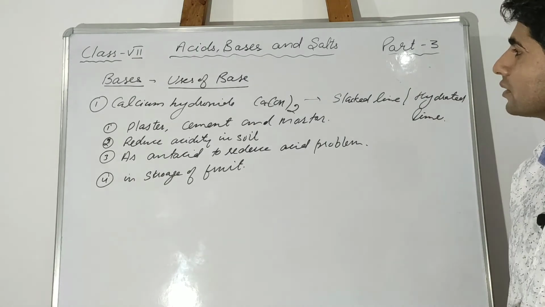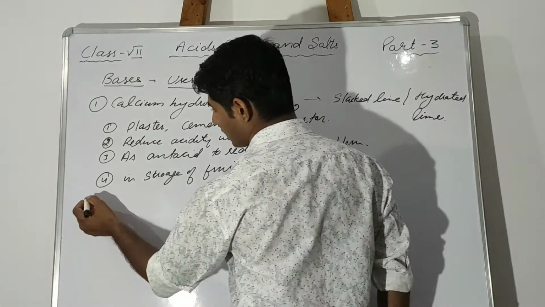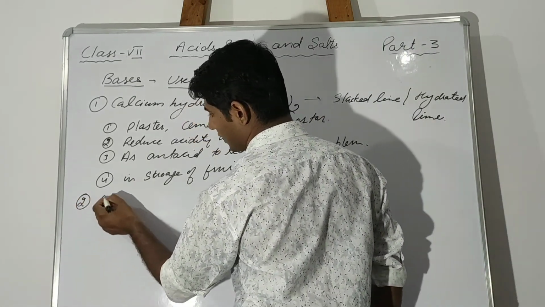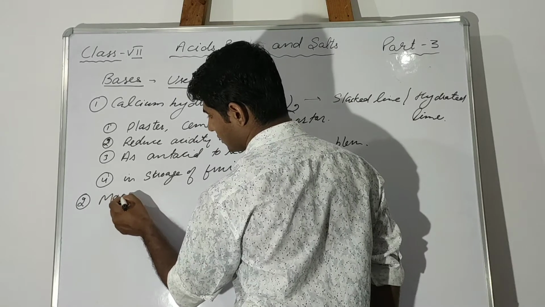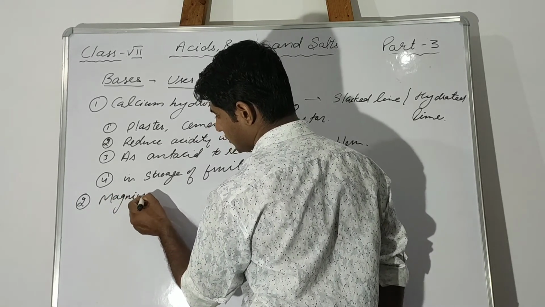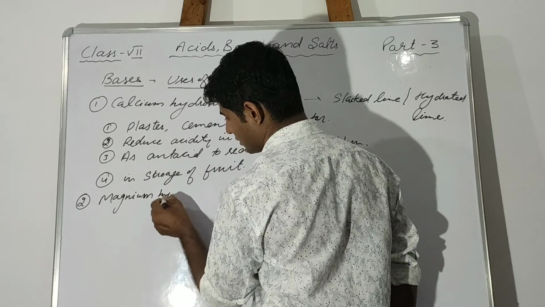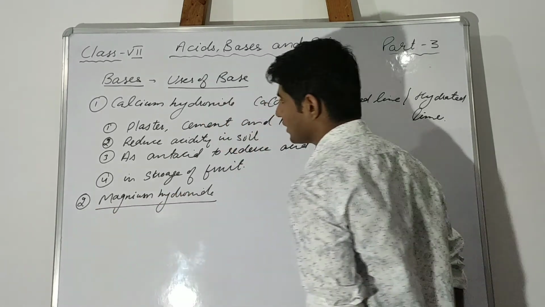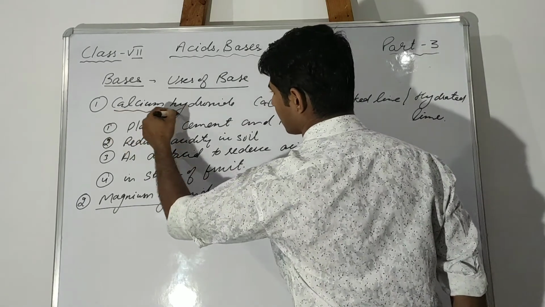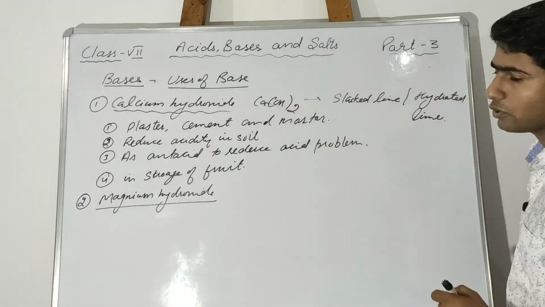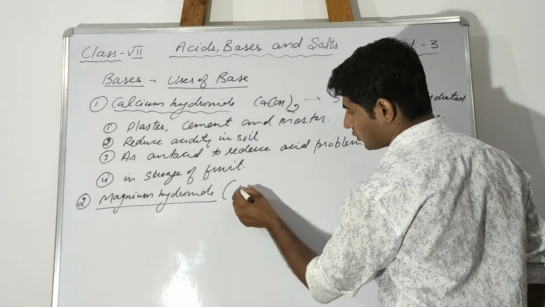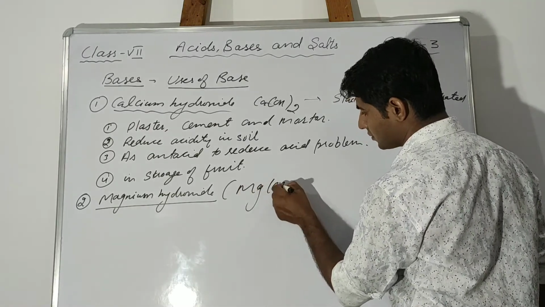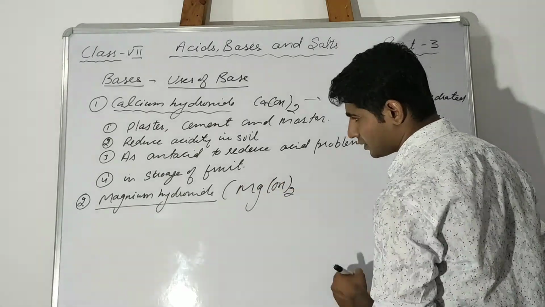Second, we can take magnesium hydroxide. Okay. Another example of base is magnesium hydroxide.